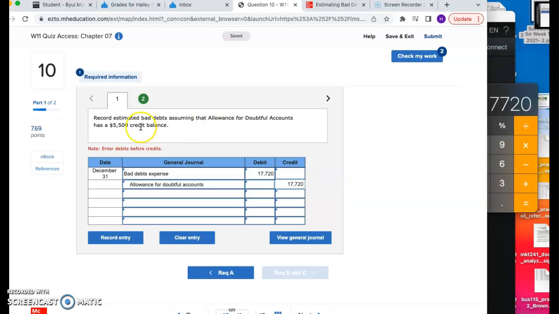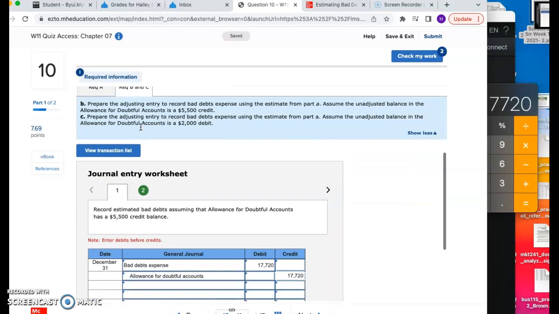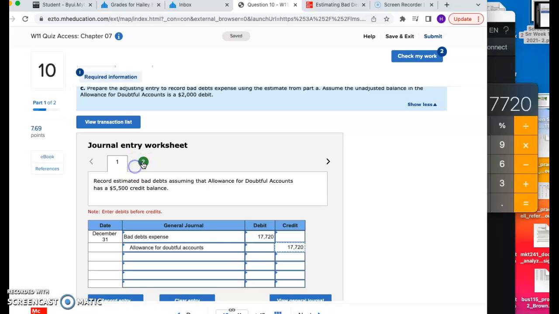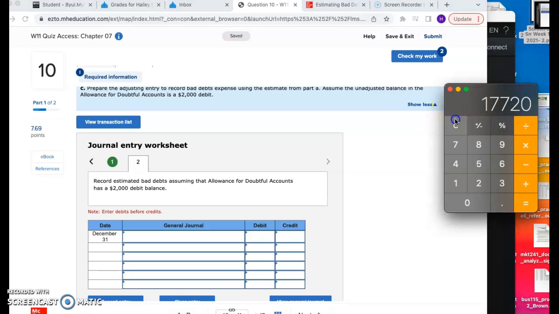And then for part 2, it says record the estimated bad debts assuming that the allowance for doubtful accounts has a 2,000 debit balance. So for this one, we're taking that same number that we found in part A, and that's 23,220.